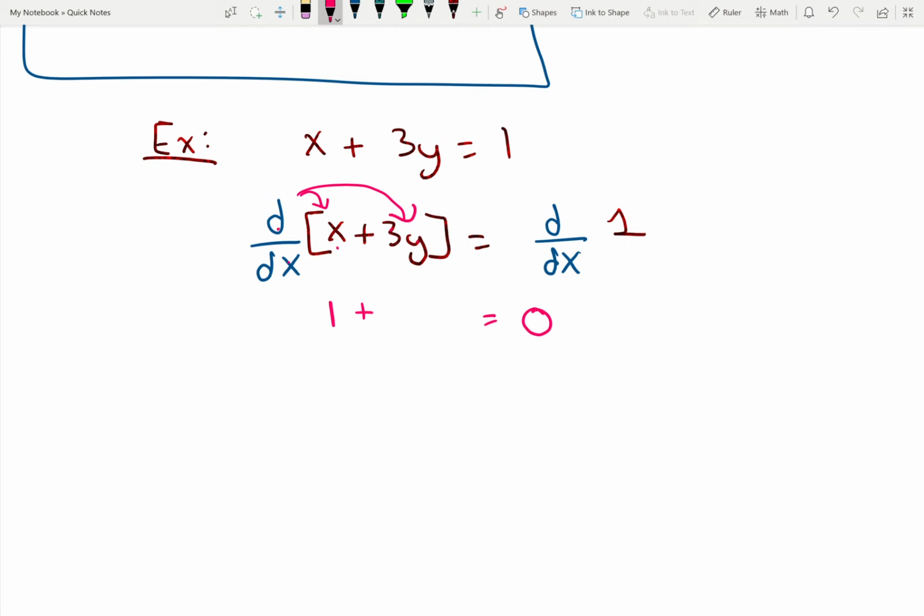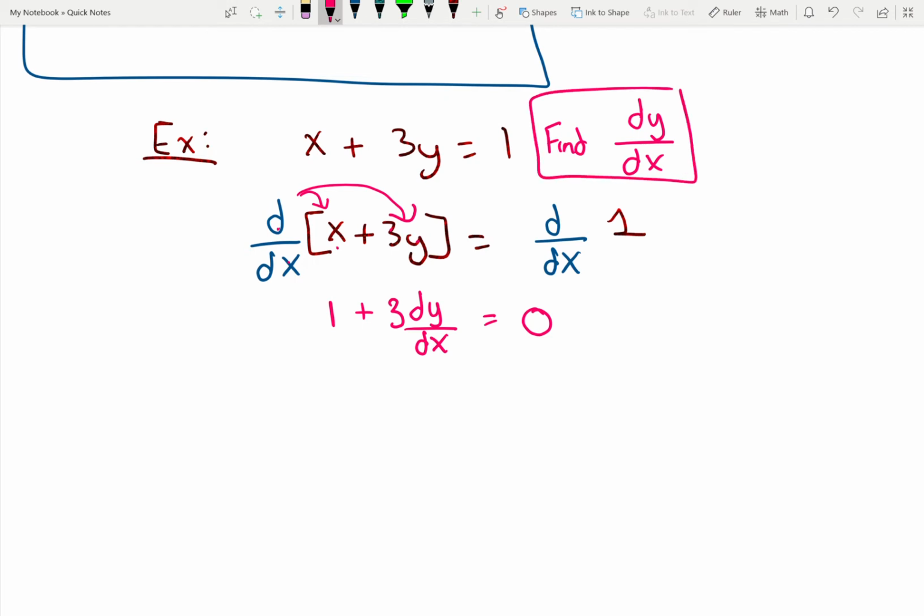If we had 3x, our derivative would just be 3. But because we took the derivative with respect to x and we had y, using the chain rule, we have dy dx. And again, we're just going to use some algebra to solve for dy dx because that's what they want. Find dy dx.